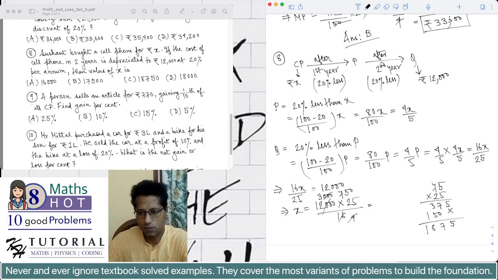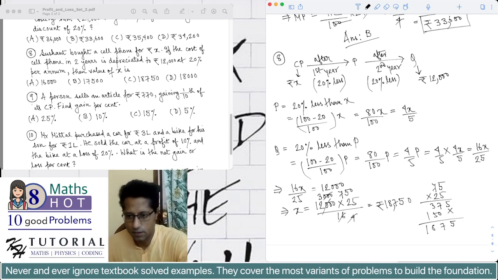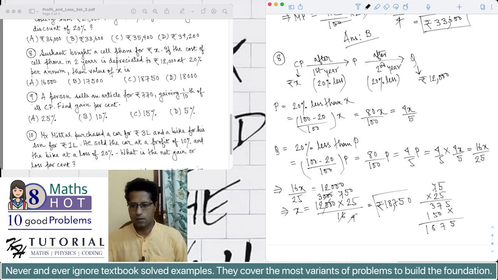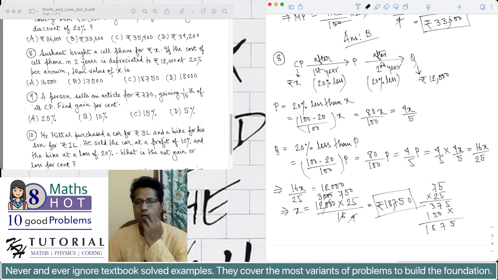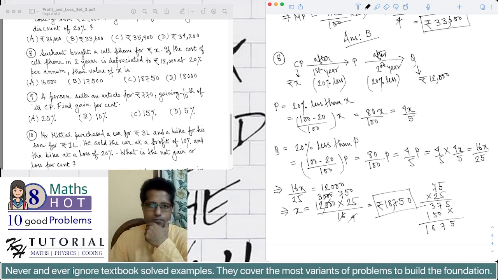So this is equal to rupees 18,750. 18,750 is the cost price of the phone, or is the value of X. Hence, the correct choice is C.